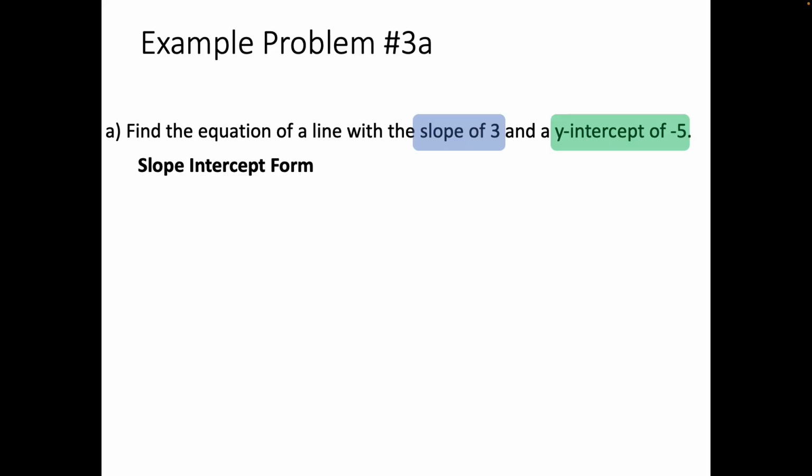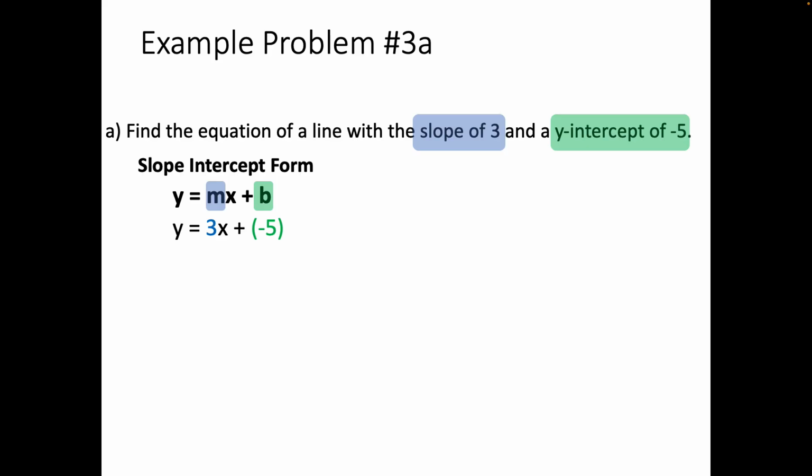And the slope-intercept form is y equals mx plus b, where m is my slope and b is my y-intercept. So I'm just going to plug in my values here. M is going to be 3 and b is going to be negative 5, because m is my slope and it tells us our slope is 3. And b is going to be negative 5 because it tells us our y-intercept is negative 5.